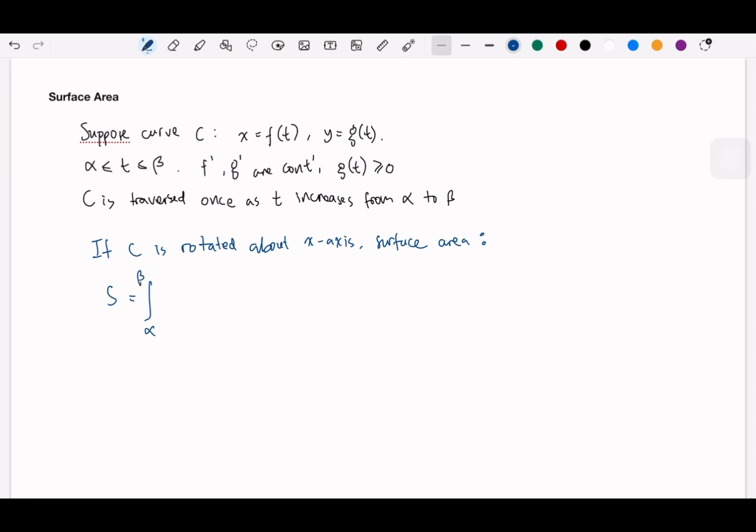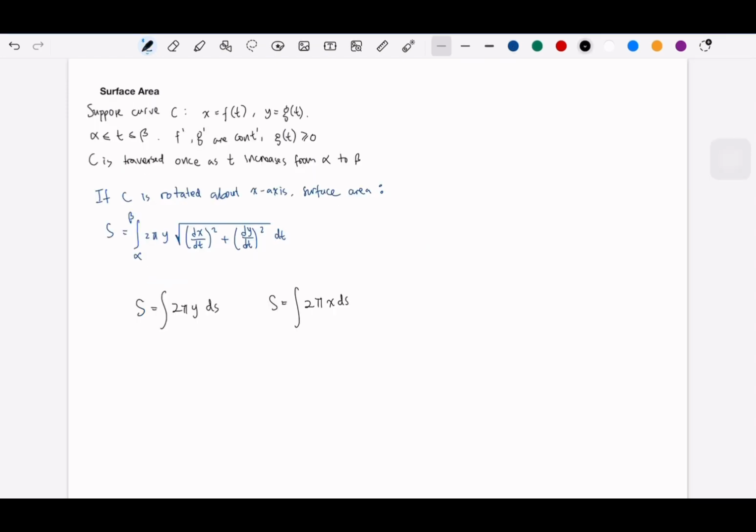Let me just write this first. Okay, that's the idea. Basically the same formulation, but you change everything to parametric. We will have a break and continue later.